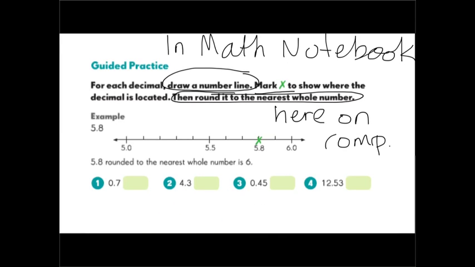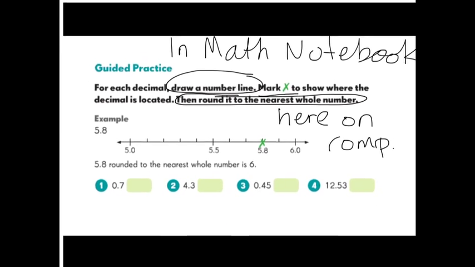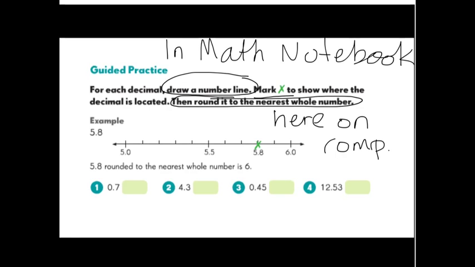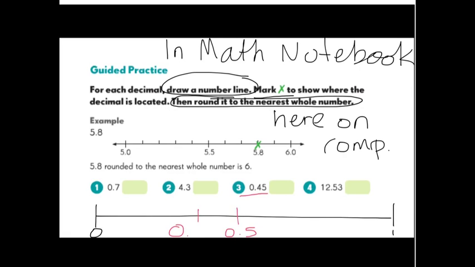For number 3, we're looking at 4500ths. Ooh, my pencil. We're looking at 4500ths. Draw the number line from 0 to 1. We know right here is 0.5. Right here is 0.4.